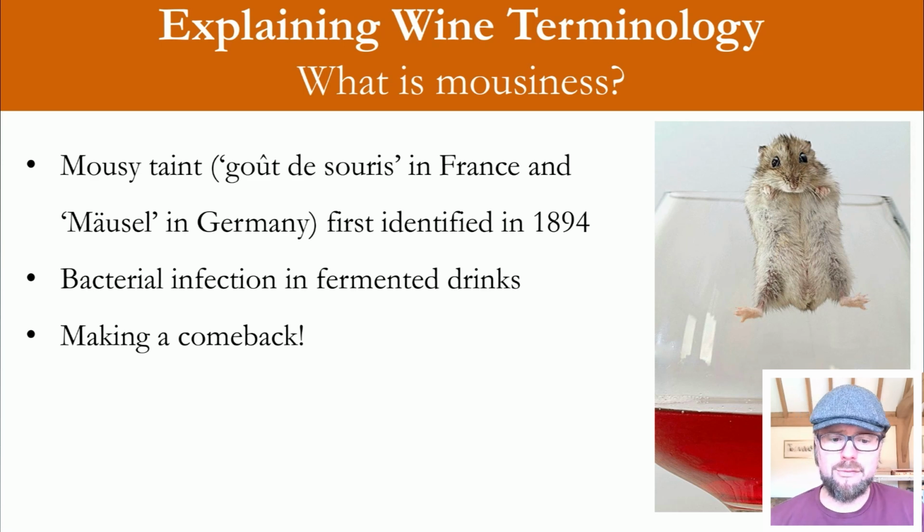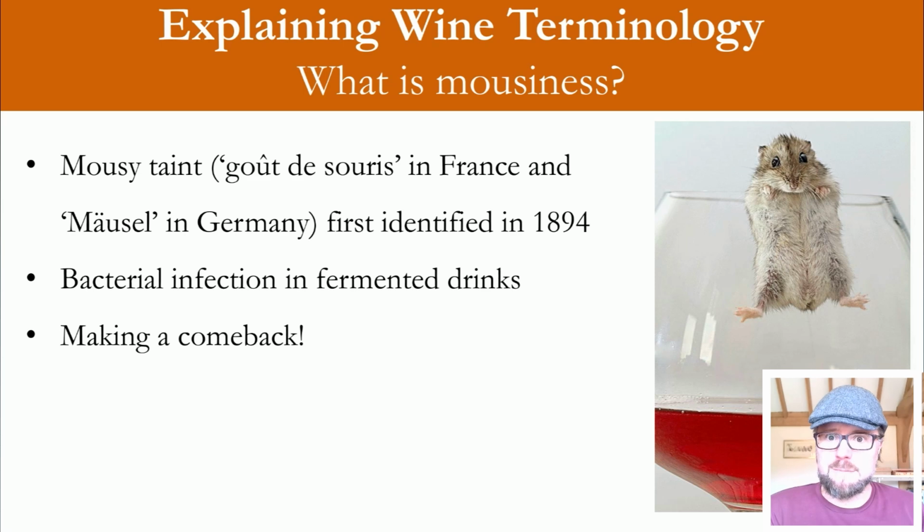But with the re-emergence of low intervention and natural wines, with a lot of people not adding sulfites, sulfur dioxide, to their wines for protection, we are seeing this modern movement of traditional, natural, low intervention wines and the re-emergence of mousiness, because it is prevalent in certain conditions which may align with more natural winemaking.